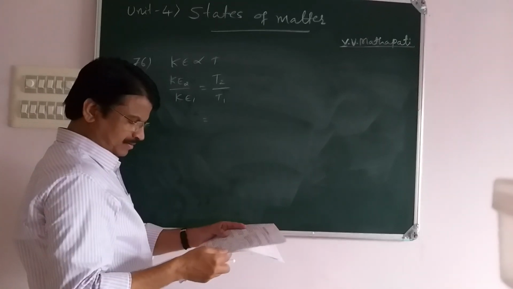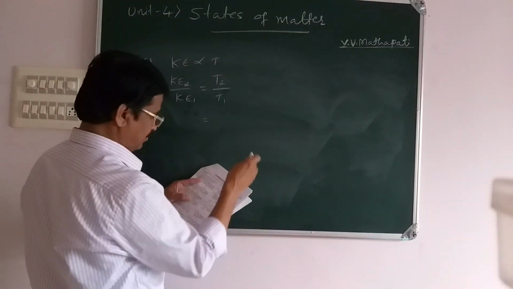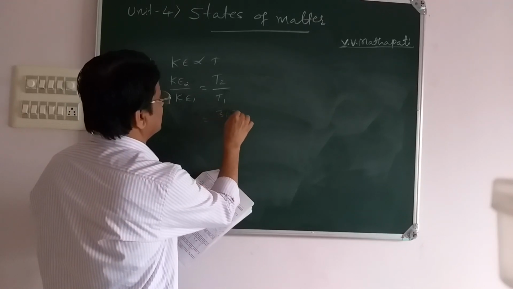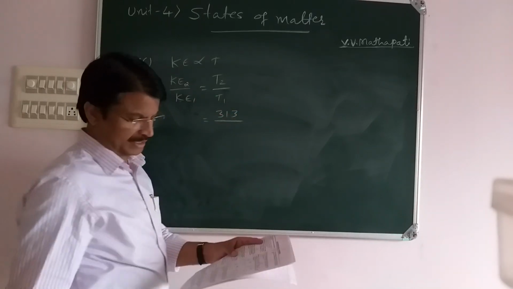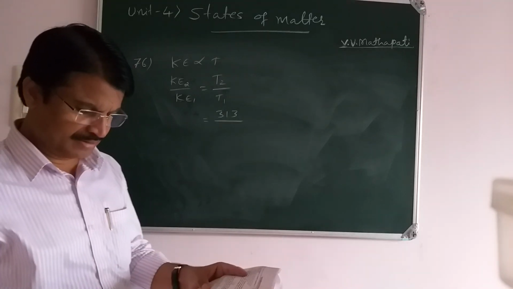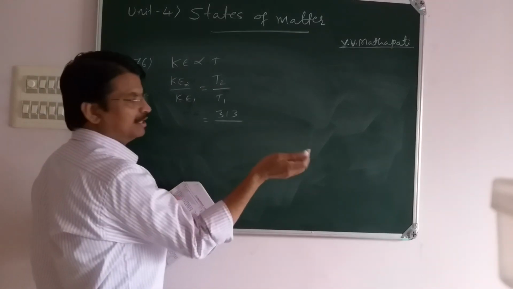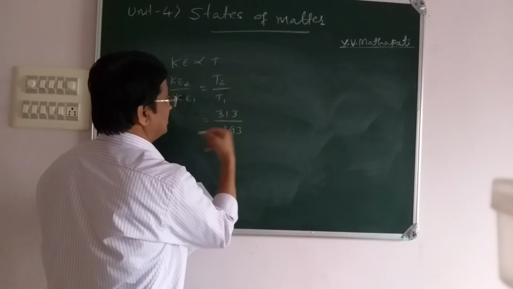T2 value 40 plus 273 equal to 313. Then 20 plus 273, 293.